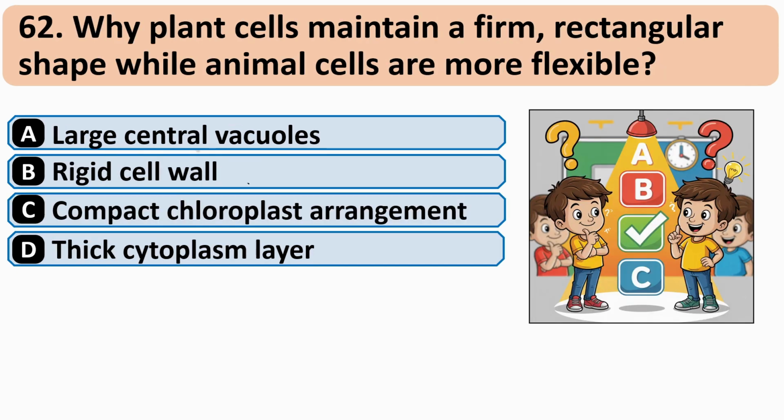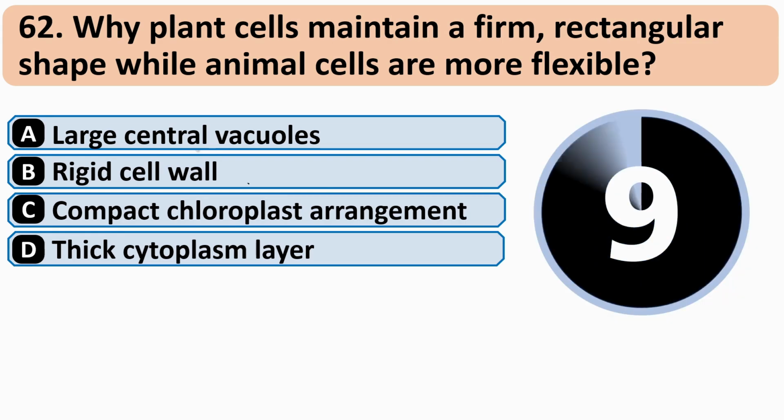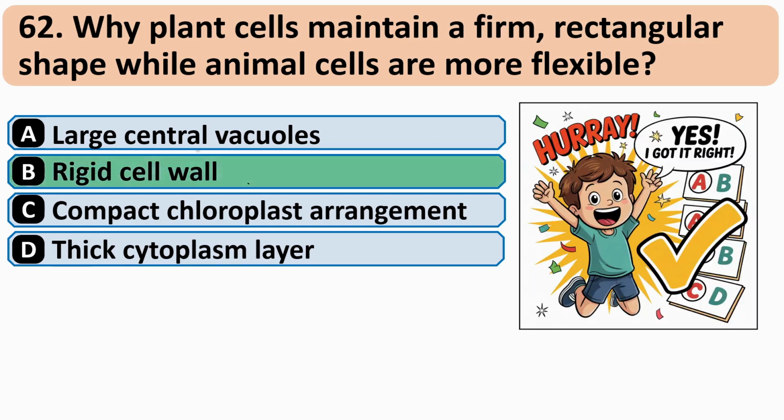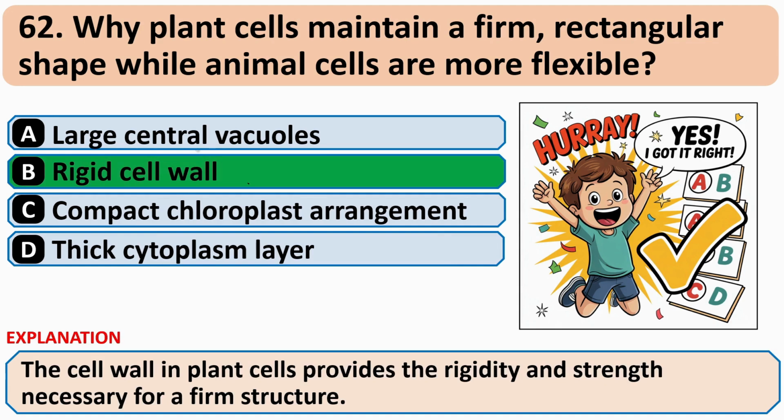Why does a plant cell maintain a firm rectangular shape while animal cells are more flexible? And correct answer is B, rigid cell wall.